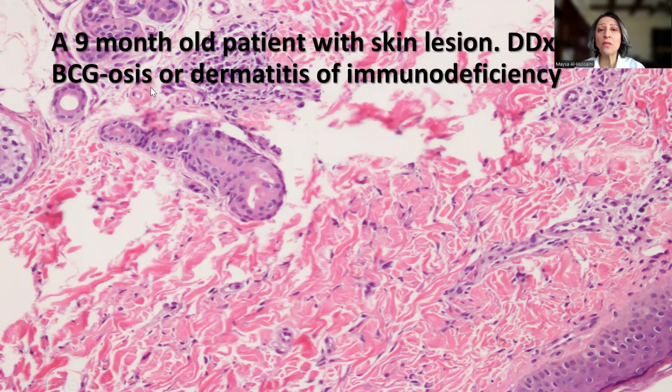BCG-osis is a term used in the literature to describe disseminated granulomatous inflammation following BCG vaccination, and it's a signal for an underlying immune deficiency. If you look at the initial levels, there is almost nothing in the dermis or epidermis.